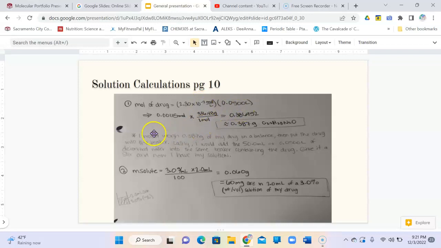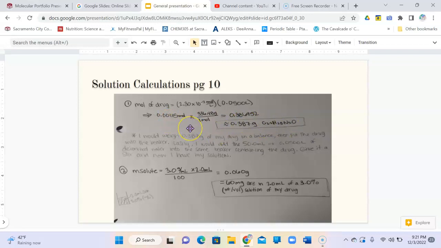And then we multiply that and we got 0.00115 moles. And then in order to convert this into the grams of my drug, I need to do the conversion factor. So what I know is that I have 0.00115 moles and I need grams of my drug.